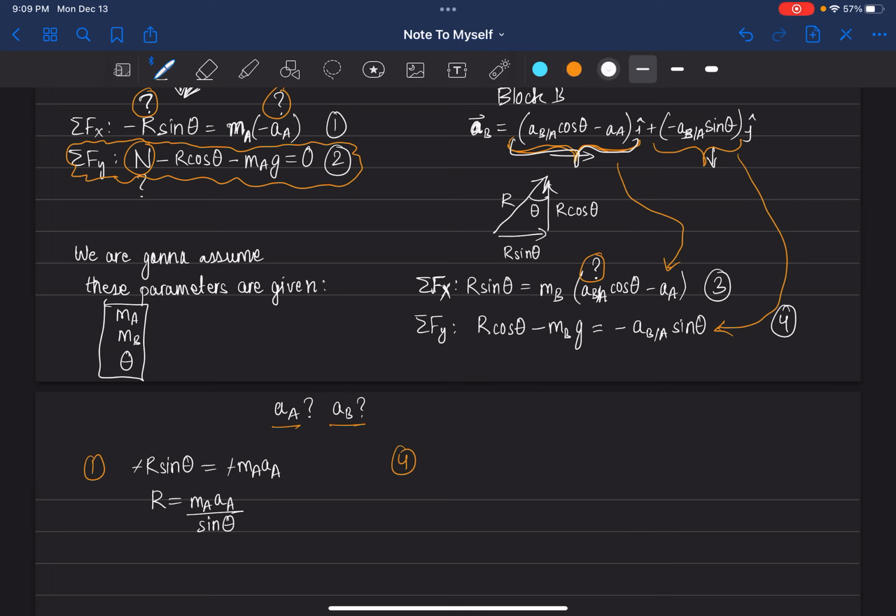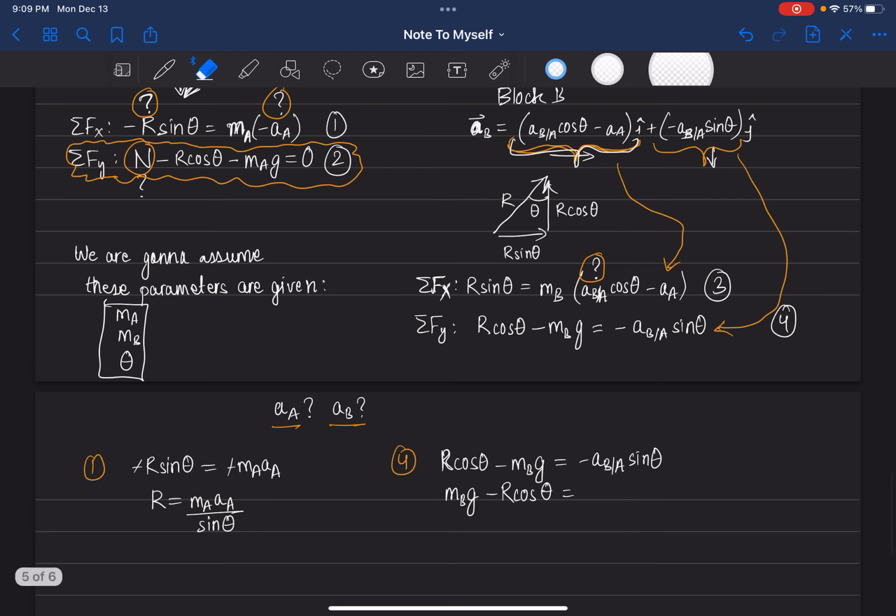All right, now let's look at equation 4. Equation 4, what do we have? We have R cosine theta minus m of B g equals negative acceleration of B with respect to A sine theta. Now, I'm just going to move things around to make it positive. What did I forget?